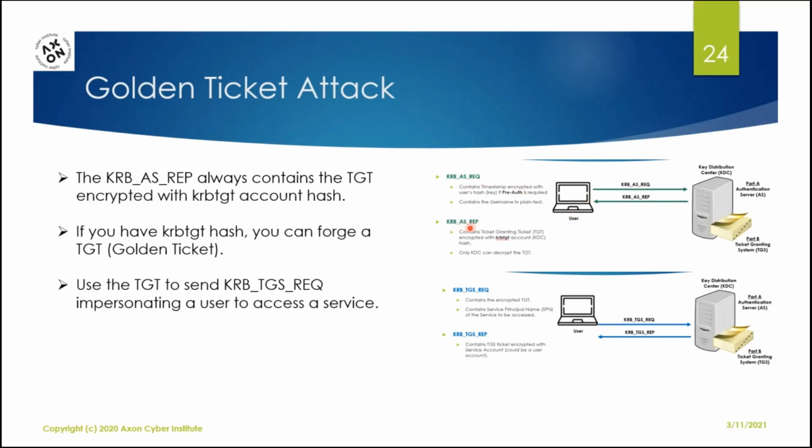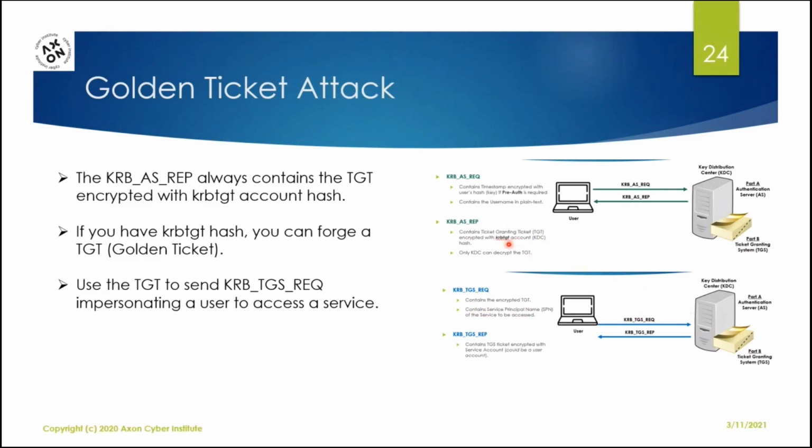In order to get an AS rep, you must have, of course, a correct username and password. And then the AS rep contains the TGT, and the TGT is encrypted with the KDC account hash. And then you will use that TGT in the next pair to ask for a TGS.